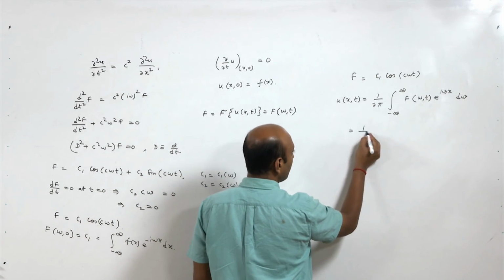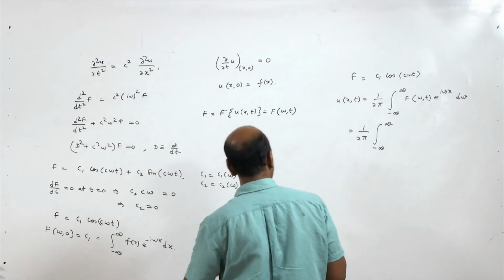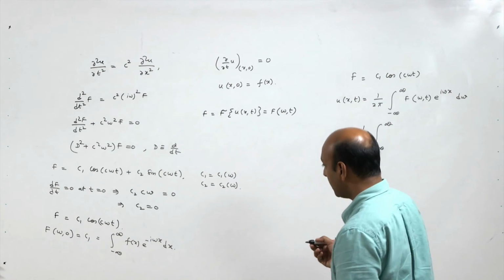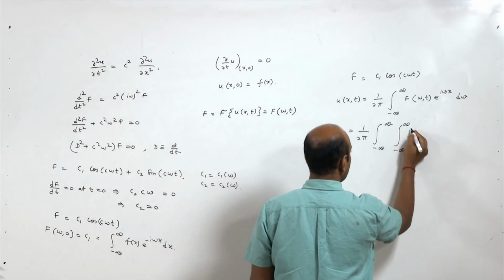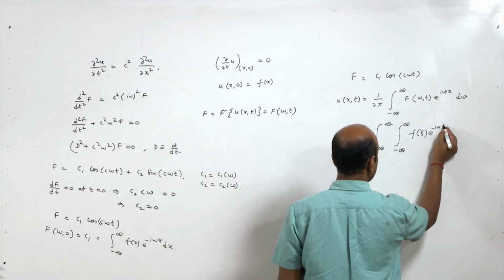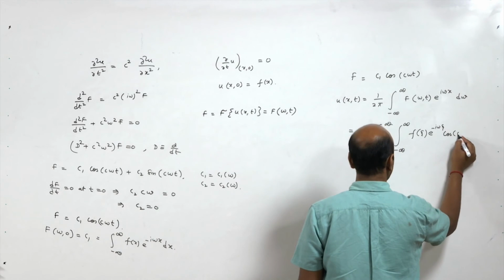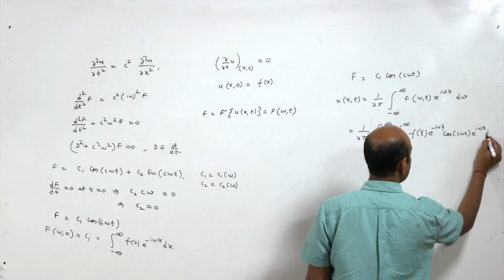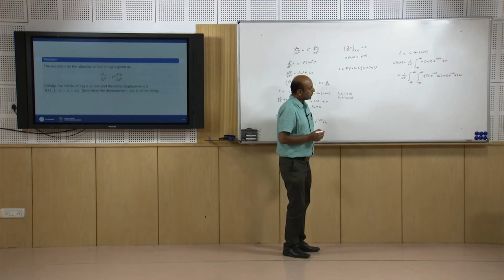It is nothing but 1/(2π) times the integral from minus infinity to plus infinity, and F(ω, t) is C1 into cos(c ω t), and C1 is given by this expression. So we can substitute C1 also. It is f(ξ) e^(-iωξ) cos(c ω t) e^(iωx) dξ dω.